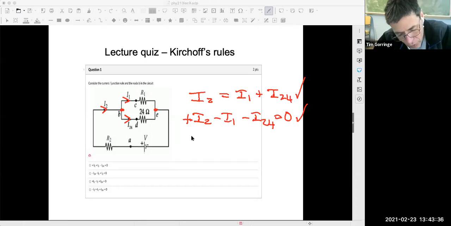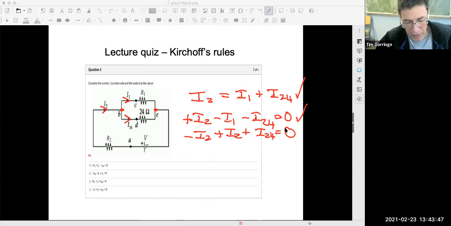And so too would be this sum of the currents, right? Minus I2 plus I1 plus I24.